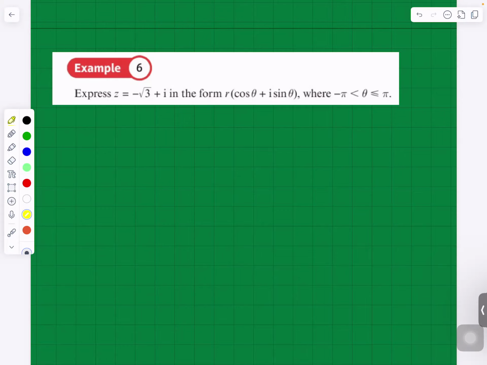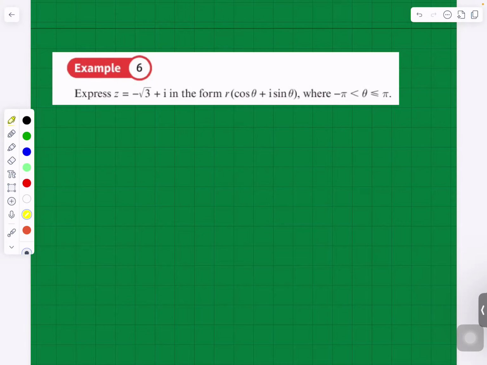Express z is equal to minus root 3 plus i in the form r cos theta plus i sine theta, where negative pi is less than theta, which is less than or equal to pi.